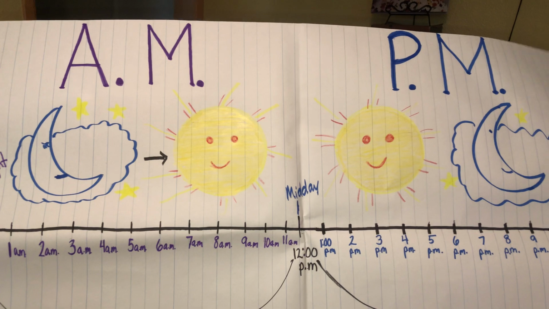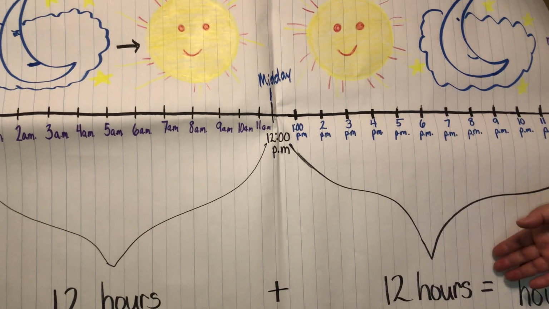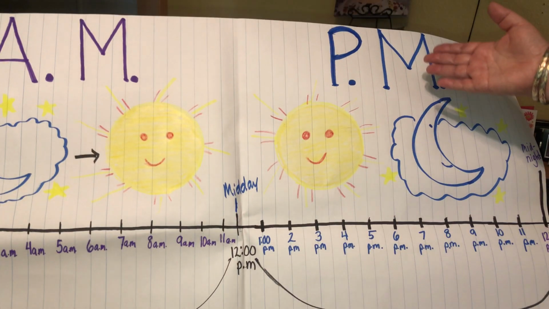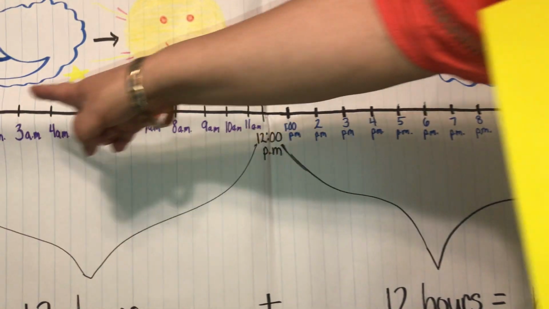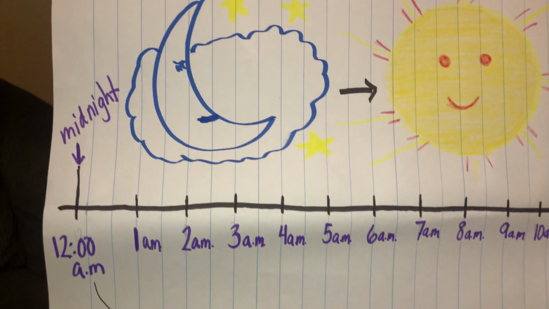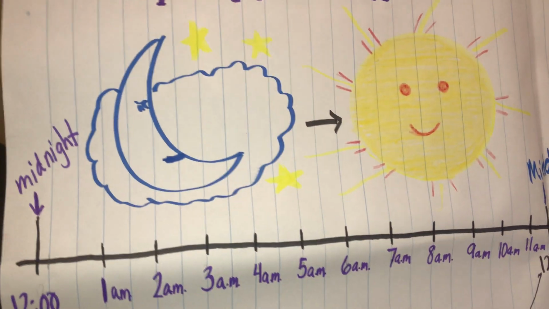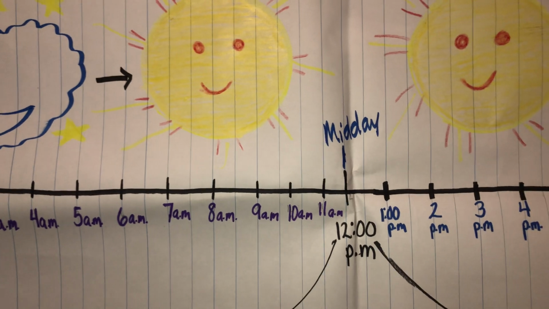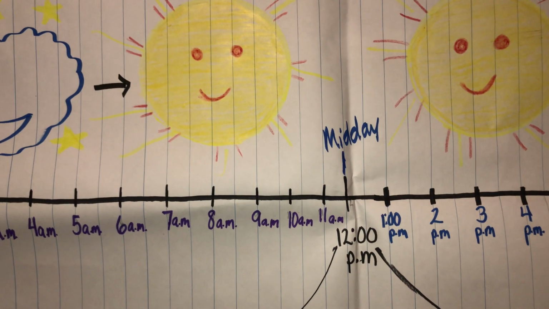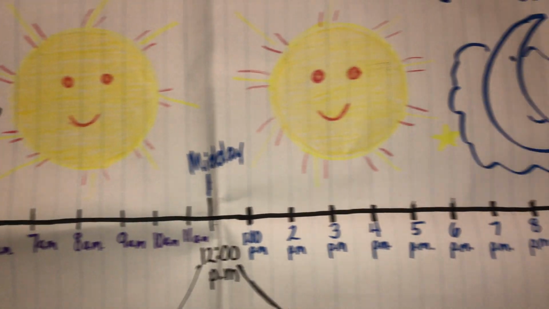The second part of our day has another 12 hours and it is our PM. Important information. The day begins at midnight, 12 a.m. And PM begins at 12 noon, which is our lunchtime. That is the midday.